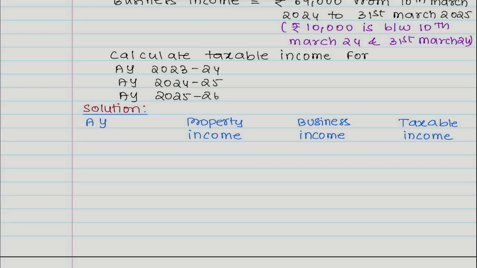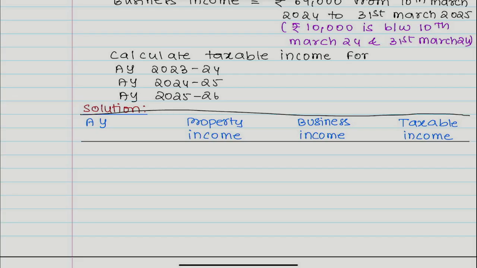Write down. Taxable income. Shall we continue? Tell the answer and write down.